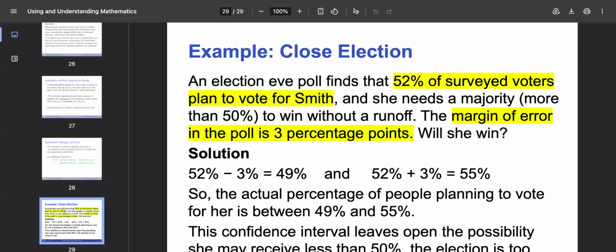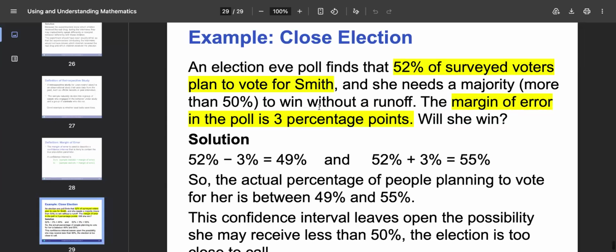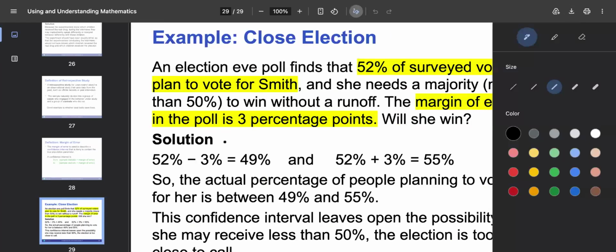So that's what this is right here, the confidence interval. It says an election eve poll finds that 52% of surveyed voters plan to vote for Smith, and it has a margin of error of 3 percentage points. So what that means is, when it's the margin of error, you are going to take whatever that is and subtract it off whatever percentage they found.